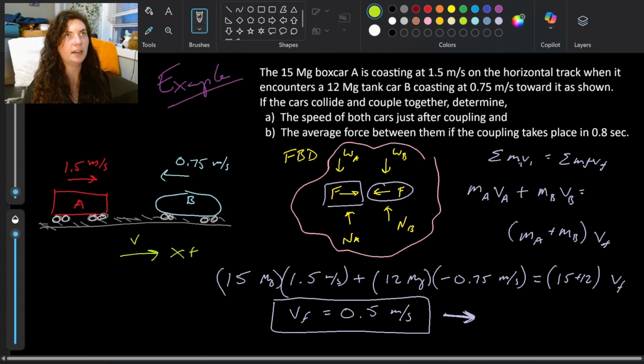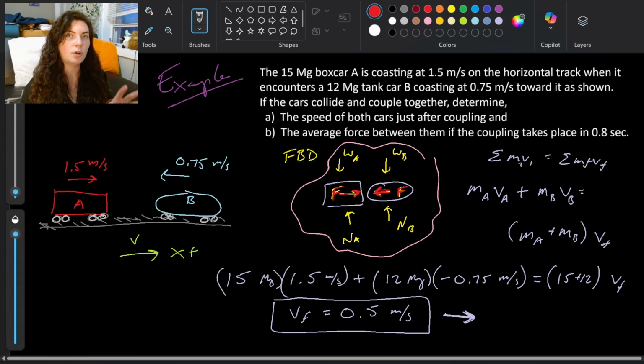I'm trying to find this force F. This is the impulsive force that they're talking about. This force that happens when those train cars hit each other.